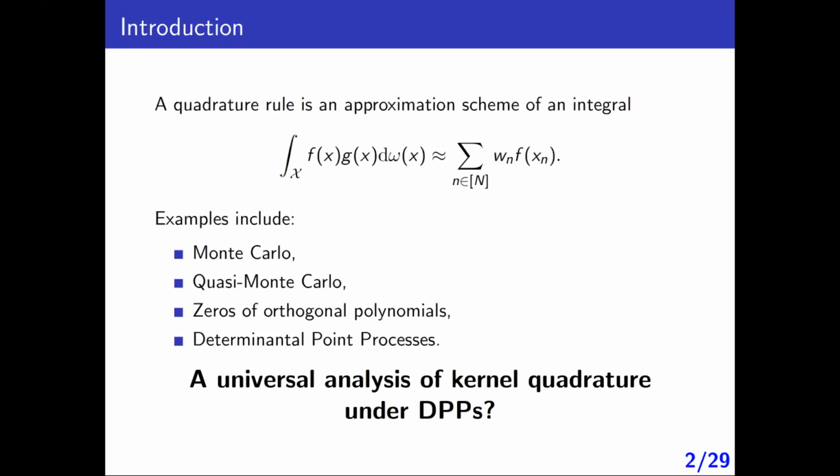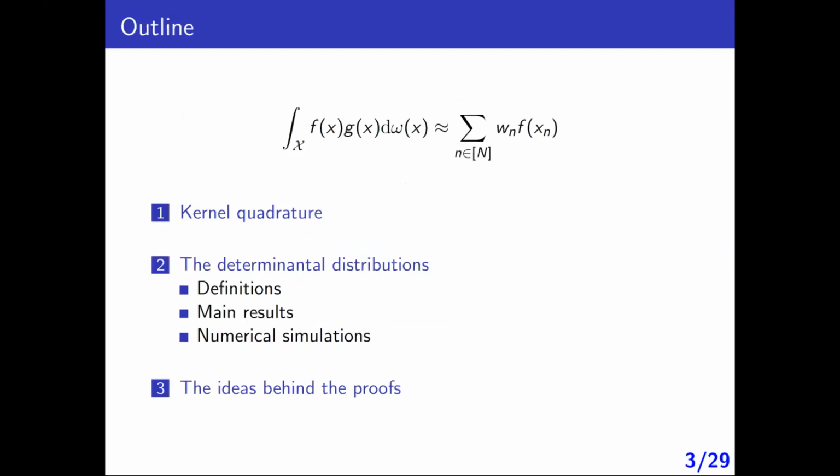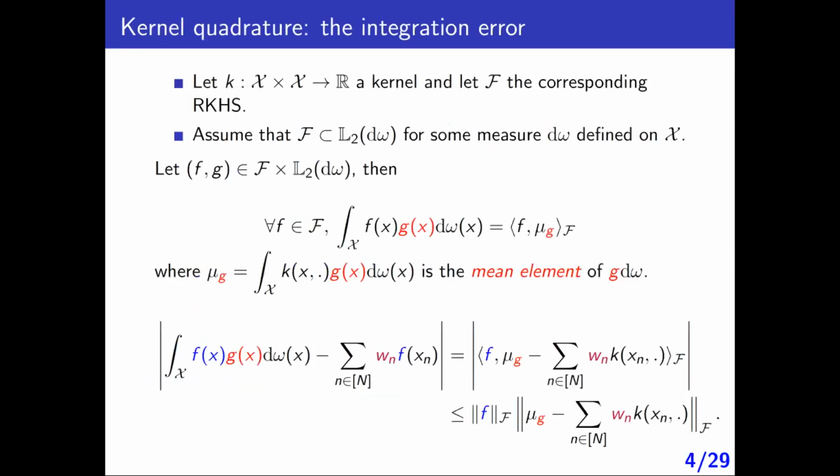I will briefly make a reminder on kernel quadrature, and then I will move to the core of this presentation. And at the end, I will try to give some hints on the idea behind the proof. Now, as usual, we have the same framework of kernel quadrature.